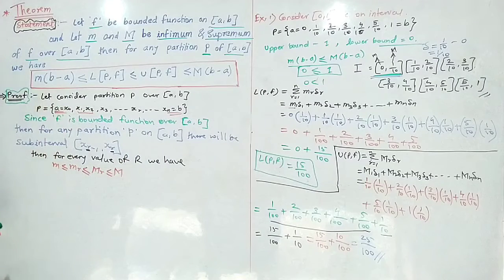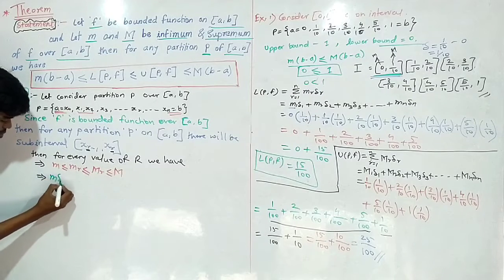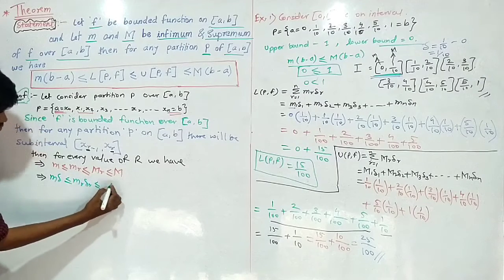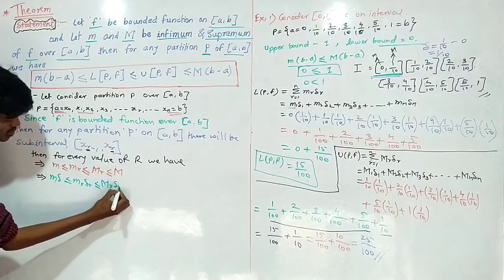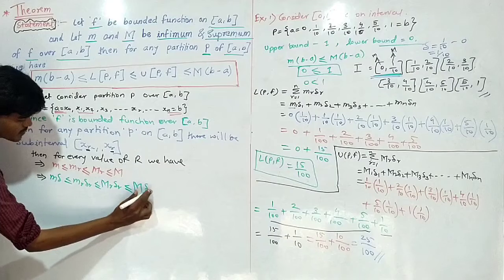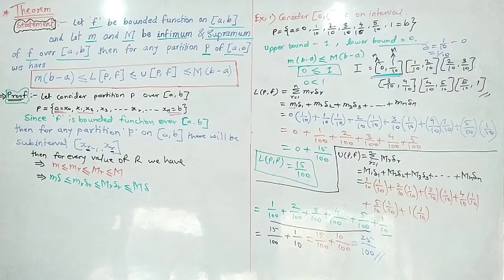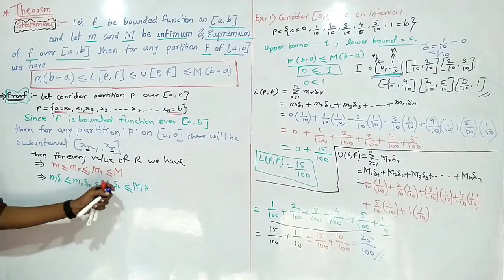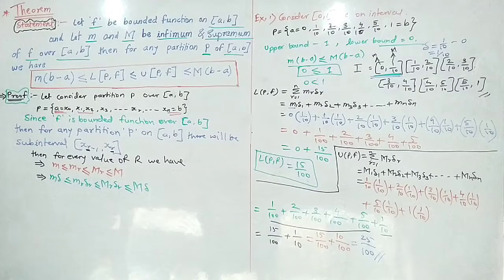Again we need to write the same concept with delta. Whenever we add with respect to lower sums with delta, we will get m into delta, which is less than or equal to m_r into delta_r, which is less than or equal to capital M_r into delta_r, which is less than or equal to capital M into delta. So these are our lower bound, upper bound, lower sum, upper sum.